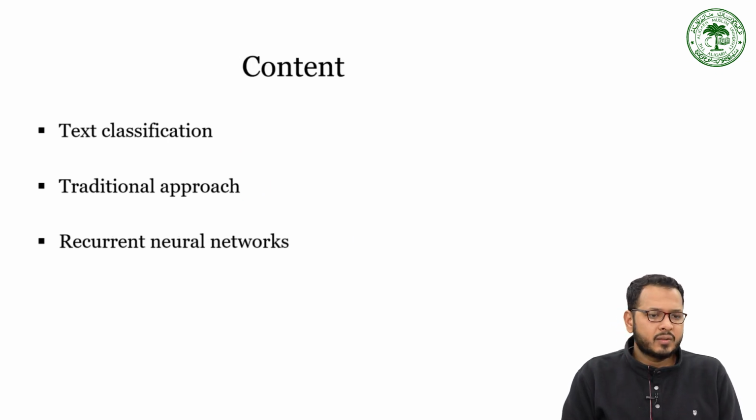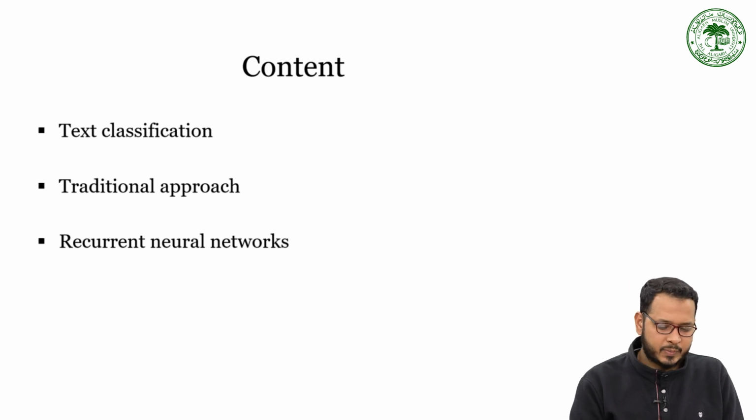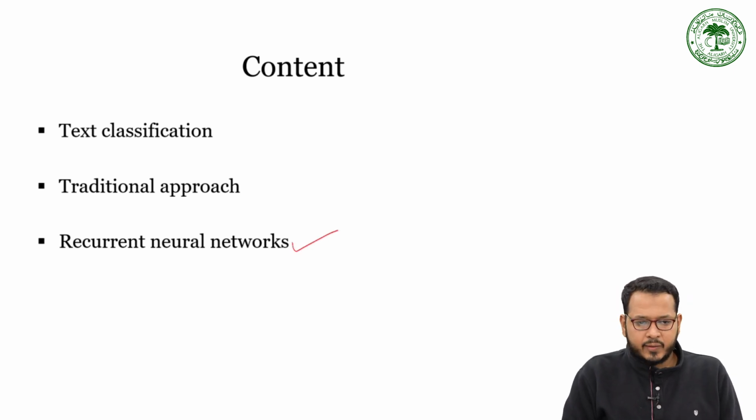In today's lecture, we will focus on what we mean by text classification, what the traditional approach is in this context, and also a special category of neural networks called recurrent neural networks, which come under the umbrella of deep learning and are really suitable for text classification problems. So we will discuss them also briefly.